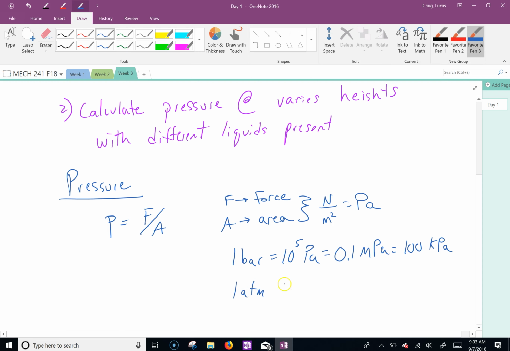ATM is another unit, atmospheres. So if someone says, okay, it's 1 atmosphere, that's actually what standard conditions are. So 101,325 pascals.